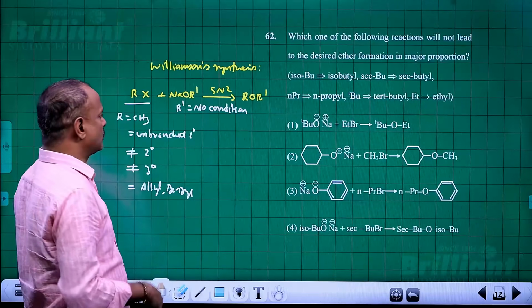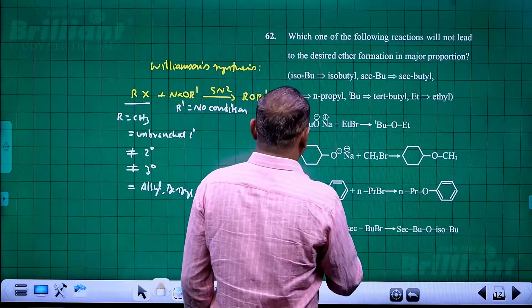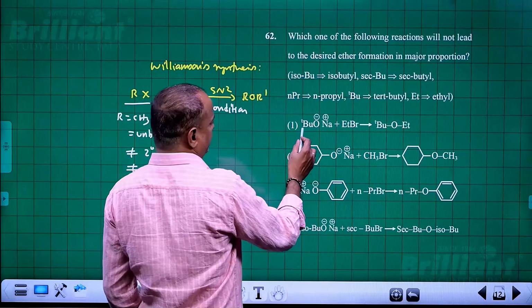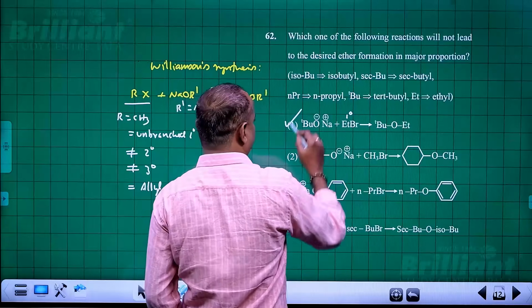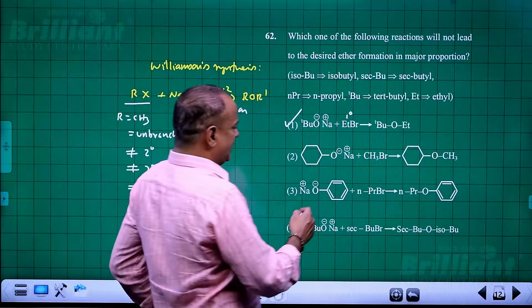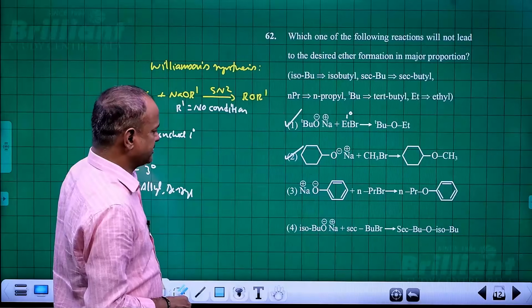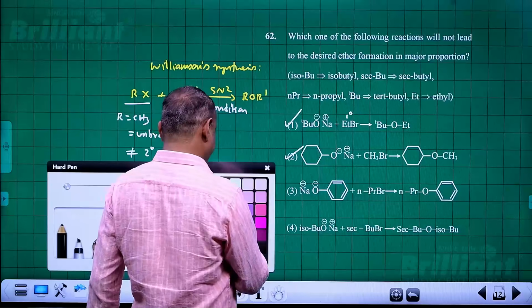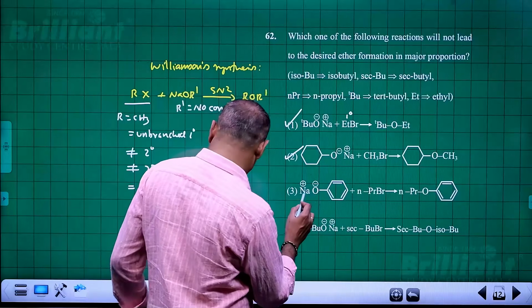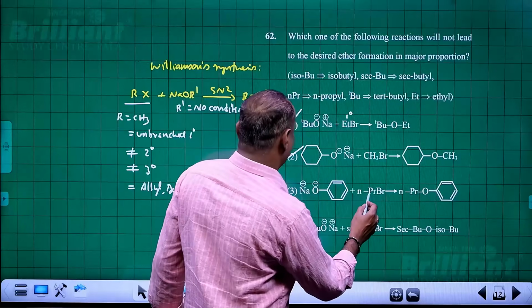R' is the nucleophile. So sodium butoxide is a nucleophile, ethyl bromide is unbranched primary, correct. Next, cyclohexoxide with methyl bromide, correct. Next, sodium phenoxide plus n-propyl bromide.